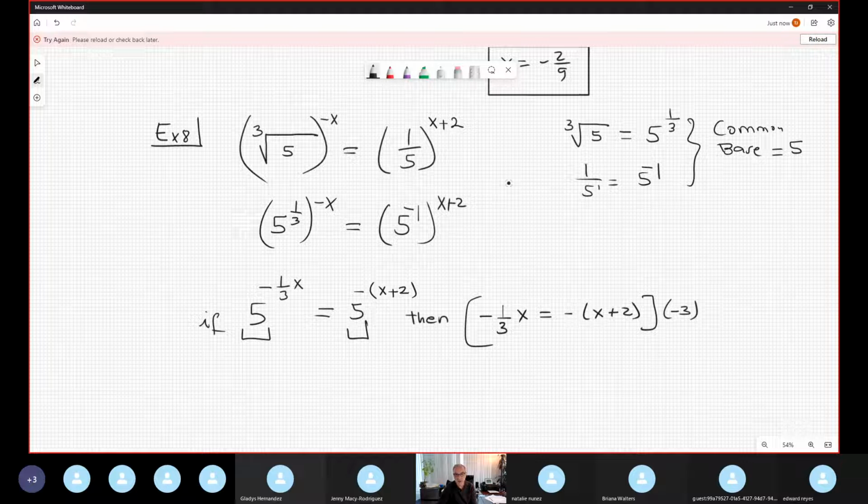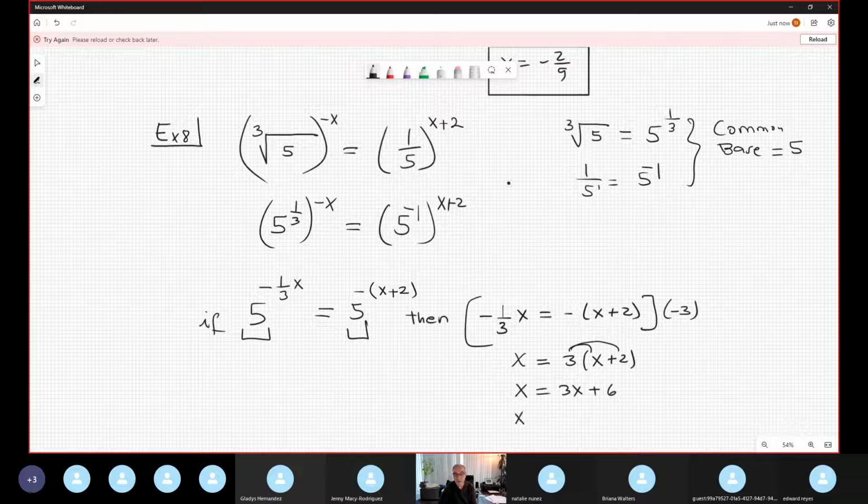So this is positive, 1/3 times 3 is 1, just x positive. And this is positive again, 3 times x plus 2. Wow, nice equation, no fraction anymore, no negative anymore, because I don't like them. You apply the distributive property: 3x plus 6.